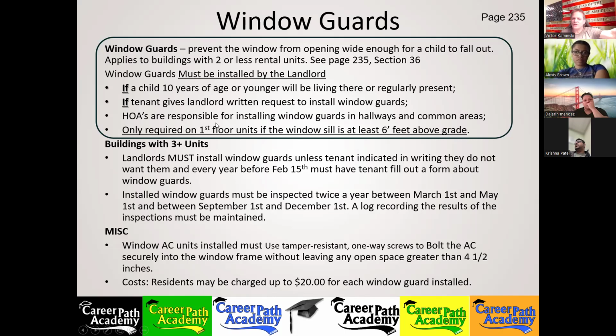Homeowners associations are responsible for installing window guards in hallways and common areas. And it's only required on first floor units if the window sill's at least 6 feet above grade, above the ground. That's what that means. We wouldn't want that child to fall out the window and get hurt.